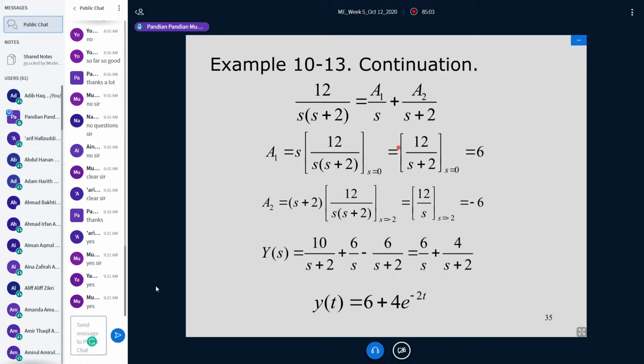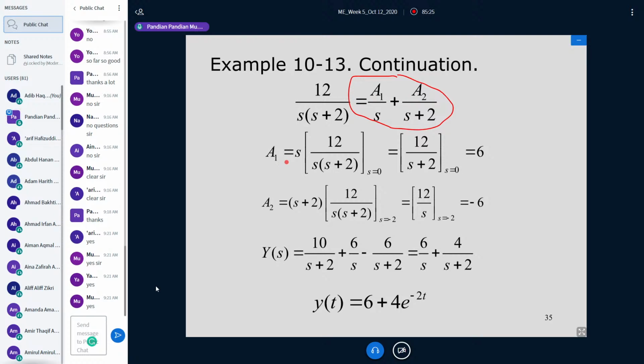But this one doesn't have the formula, so therefore you use partial fraction. Partial fraction is not a method, it just decomposes. This 12 divided by s(s plus 2) becomes A1 over s plus A2 over s plus 2. Now you see the most powerful shortcut methodology. How do you find A1, A2?